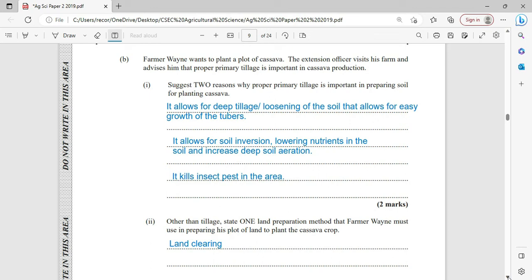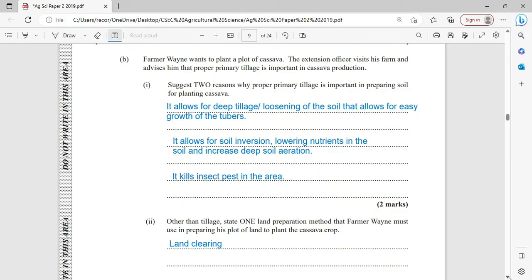For preparation, the popular thing we usually use is primary tillage, which includes breaking and loosening the soil, and it is usually very deep. And then comes secondary tillage, which is usually applied after primary tillage. But let us look at primary tillage for this particular question.